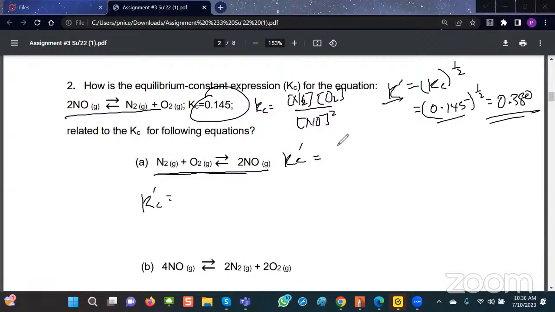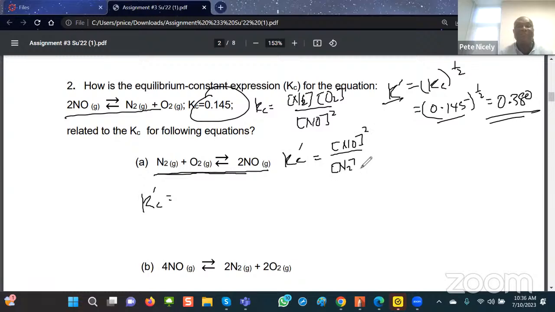The concentration of NO squared over the concentration of N2 times the concentration of O2. Very good. So now that I've shown you these two expressions, what is the relationship between Kc and Kc prime?